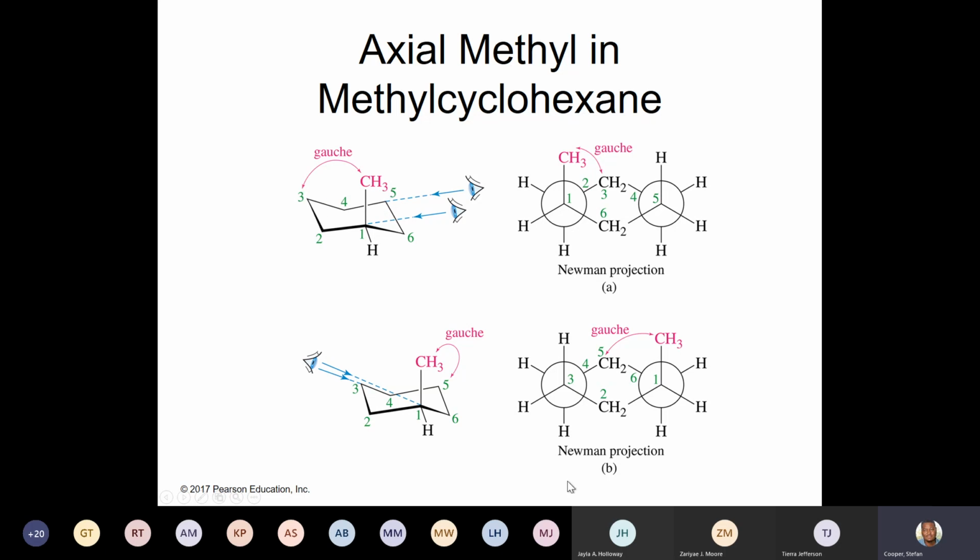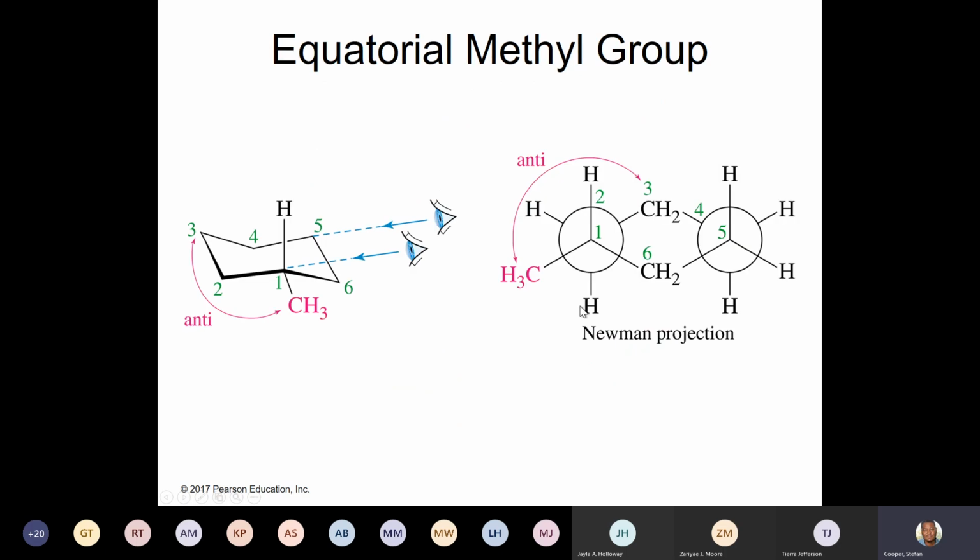However, if I go equatorial, I'm now anti to 3. These are anti, and we know the anti-staggered conformation is preferred. So this is why placing things in the equatorial position will be preferred in these conformations.